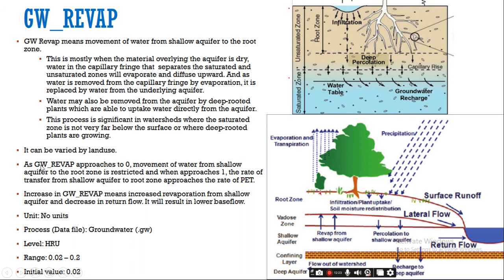And yes, as GW_REVAP approaches zero, movement of water from the shallow aquifer to the root zone is restricted, and when it approaches 1, the rate of transfer from the aquifer to the root zone approaches the rate of potential evapotranspiration. An increase in GW_REVAP means increased revaporation from the shallow aquifer and a decrease in return flow. It will result in lower base flow. It has no unit and its recommended range is 0.02 to 0.2 and its initial value is 0.02.